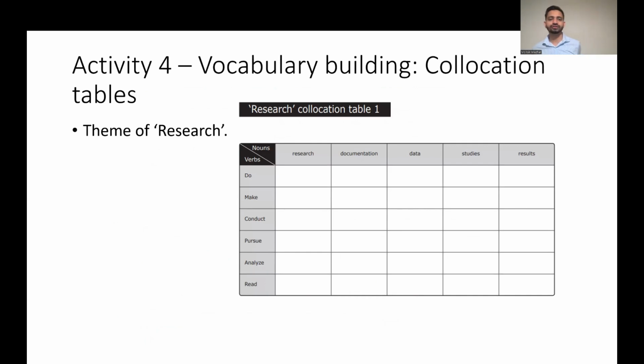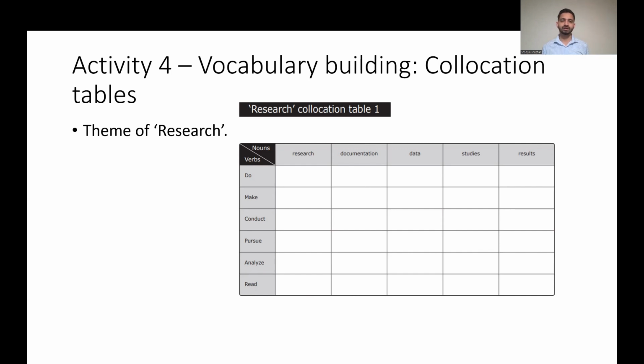So now we're going to focus on vocabulary building, the collocation table. In terms of the collocation table, here we've got nouns and verbs, right? The theme that I'm giving you here is research. We've got some nouns such as research, documentation, data, studies, and results.